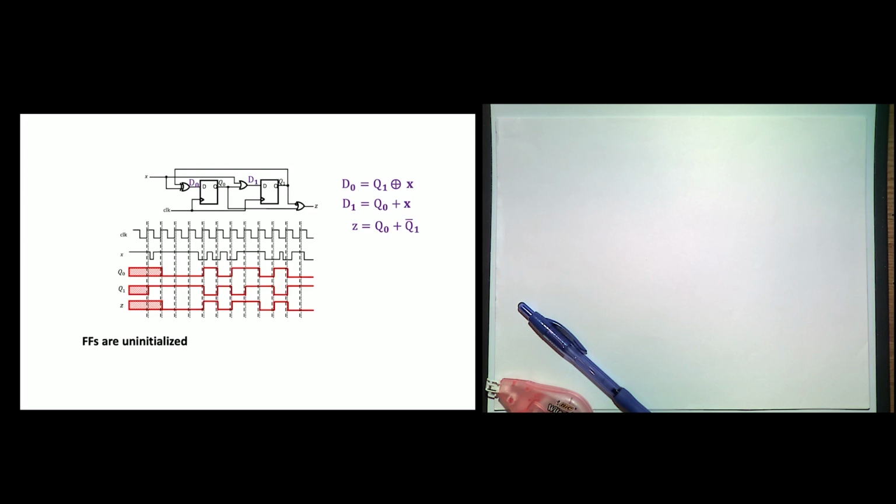Oh, okay, that makes sense. That's the difference here. Z is a combinational function of Q0 and Q1. It does not depend on the clock. Q0 and Q1 are outputs of flip-flops. They will only change as a result of a clock edge. So you see Q1 and Q0 only changing on the dotted line, and the values they assume are based on what D1 and D0 were at the dashed line.